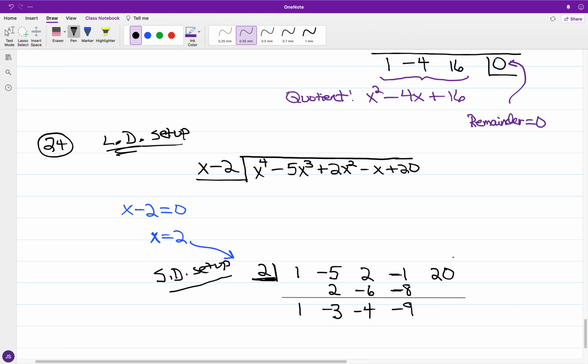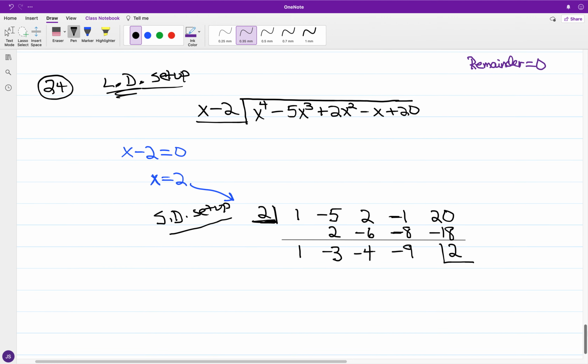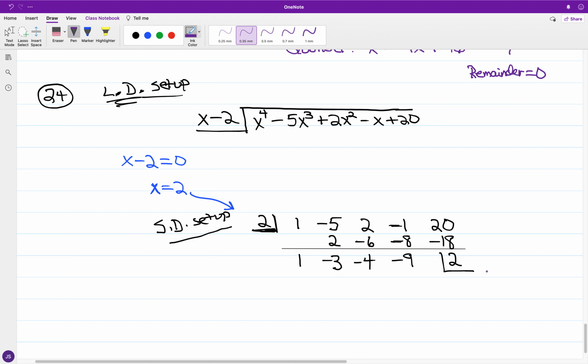And 2 times negative 9 is negative 18, and 20 plus negative 18 is 2. For the end results here, the remainder is 2.